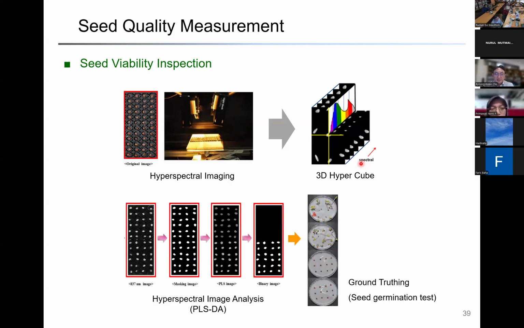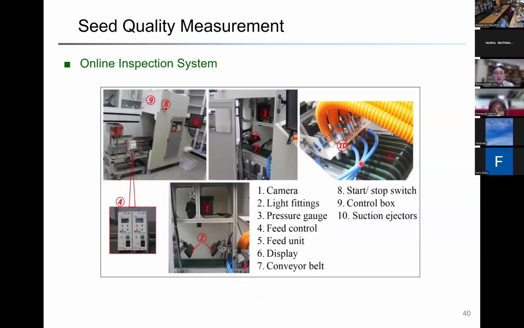After the hyperspectral imaging measurement, we germinate the seed to make ground truth values. If the seed is germinated, this is the good group. Not germinated is the no good group. Only 2 groups. So using these 2 Y values, you can make a classification model. For an online inspection system, we made this prototype.